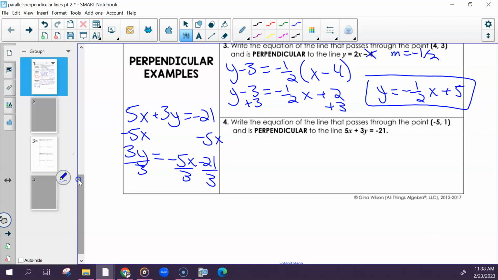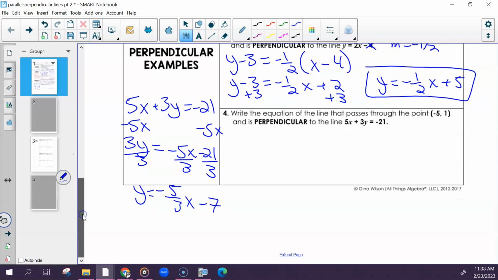Once you get this back in slope intercept form, your equation should be y equals -5/3x minus 7. What would the slope of our new equation be?